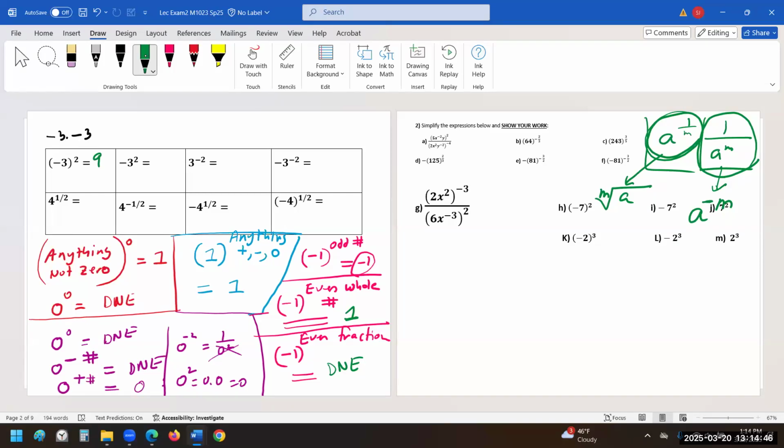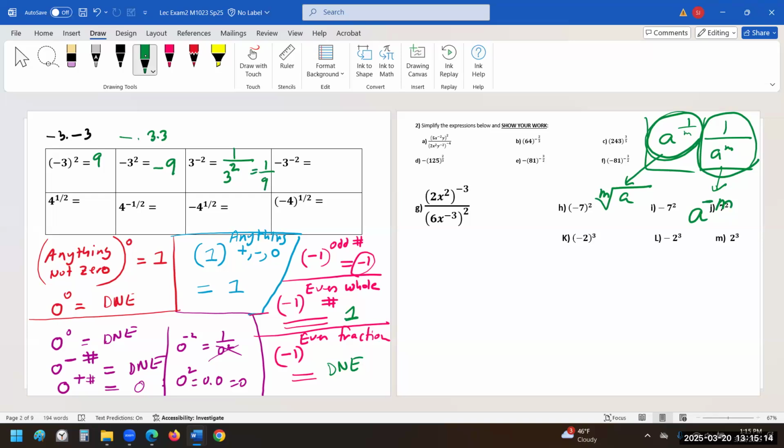Only 3. So it's negative, times 3 times 3, so it's negative. The next one is a negative power. So it becomes a fraction, 3 squared. And what is 3 squared? 9. So it's 1 over 9.